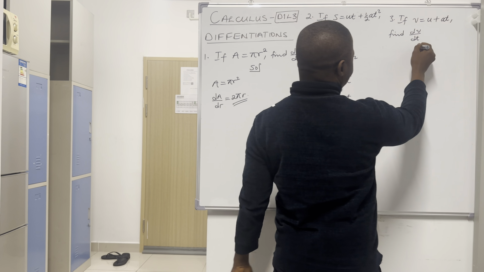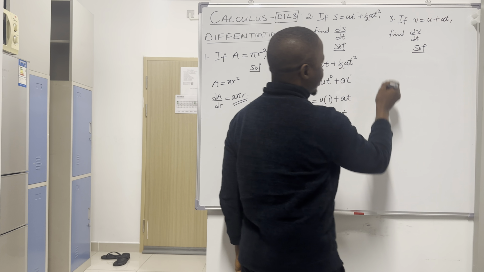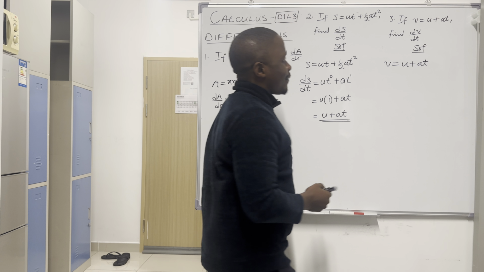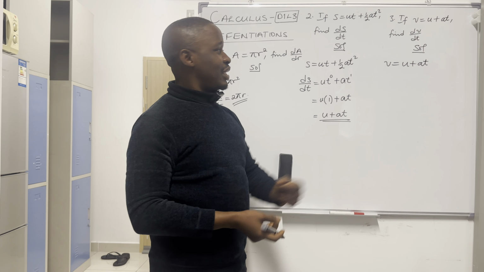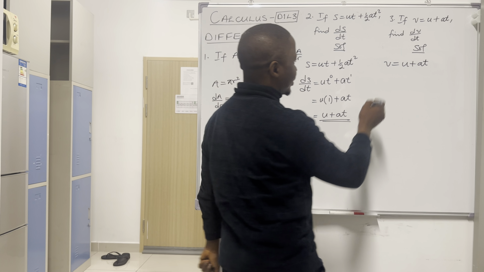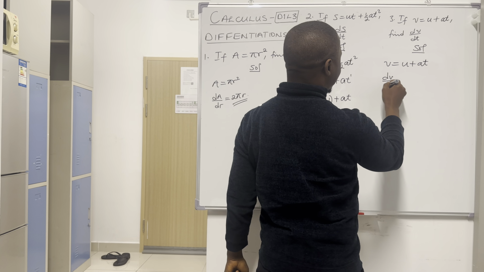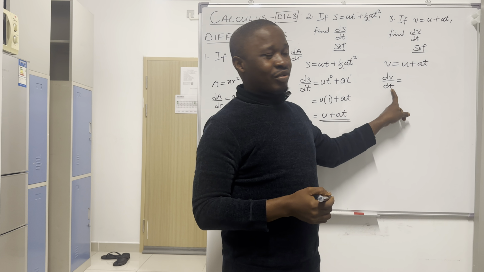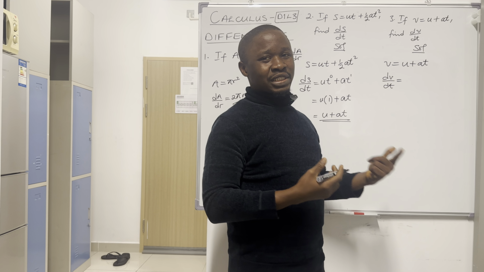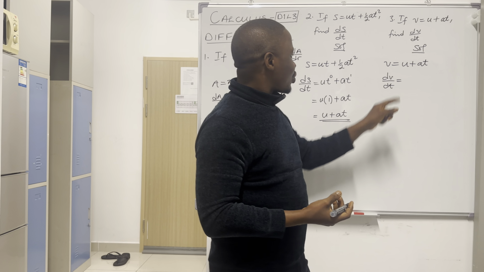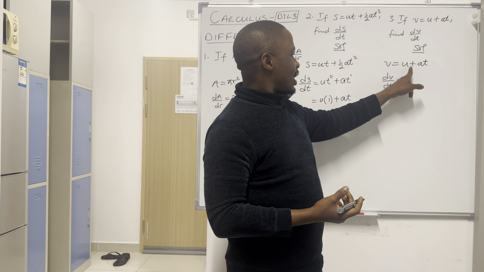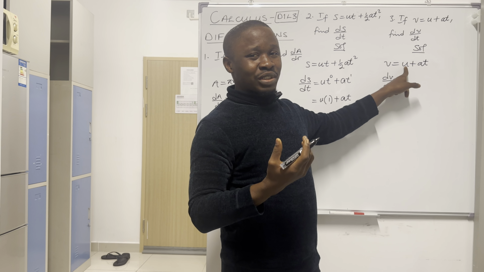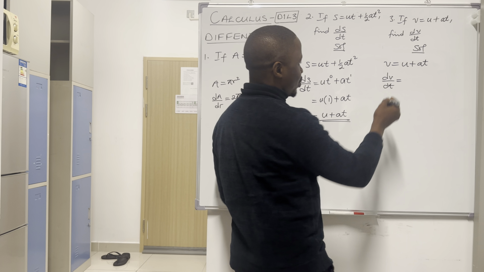The last one is v equals u plus at. Then we want to differentiate v with respect to t, so we say dv/dt. t is the variable, so u and a we treat as constants. If we want to differentiate u, this term does not contain t, so it is a constant. Differentiating a constant is 0.